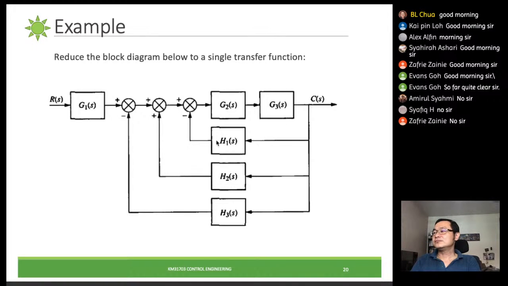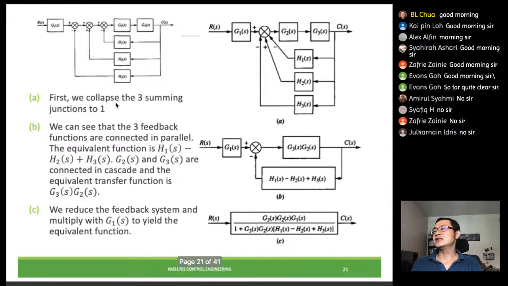Then also when we combine this together, okay, this summing junctions, this point one after the other, basically we are doing operations by continuing minus, plus, and minus, okay, to our main signal over here. So again we can combine all these 3 summing junctions into a single one, if we intend to, right?